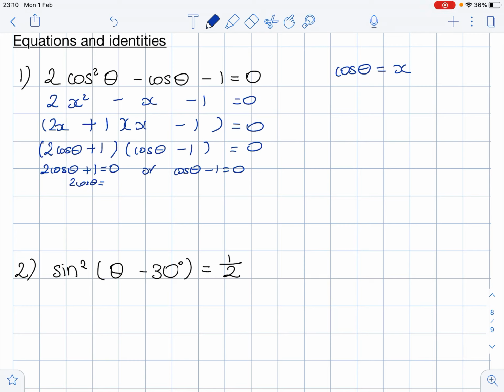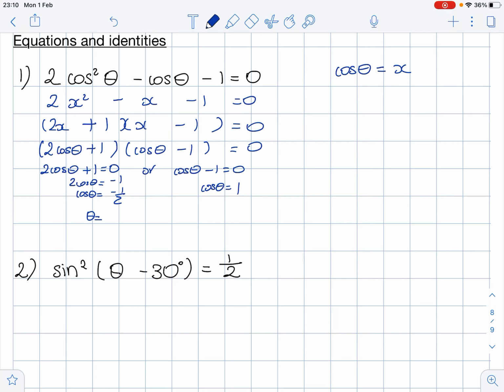So 2 cos theta is equal to minus 1. So cos theta is equal to minus a half, or cos theta is equal to 1. So I have my two solutions here. So now I need to find out my principal values.